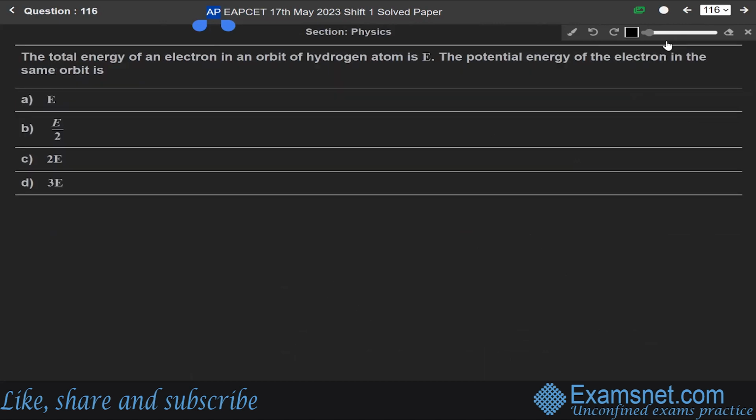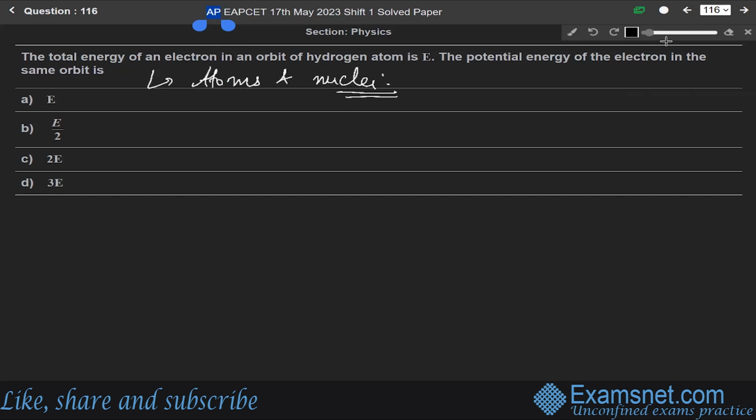Now next question, 116. The total energy of an electron in an orbit of a hydrogen atom is E. The potential energy of the electron in the same orbit is? This question is from the chapter of atoms and nuclei. When the electron is in the orbit of a hydrogen atom, its total energy is given as E. We have to find its potential energy in the same orbit.